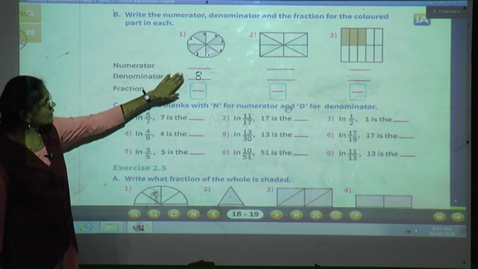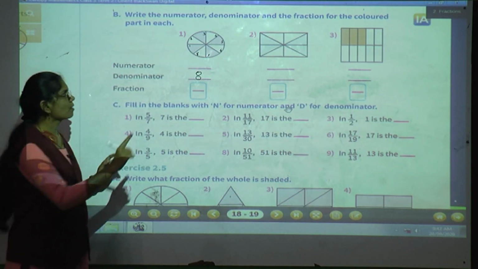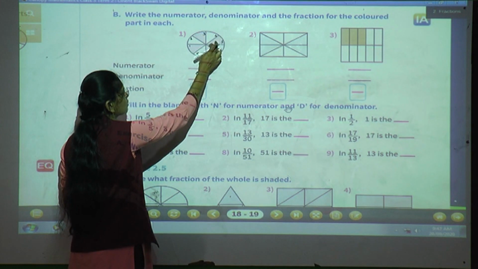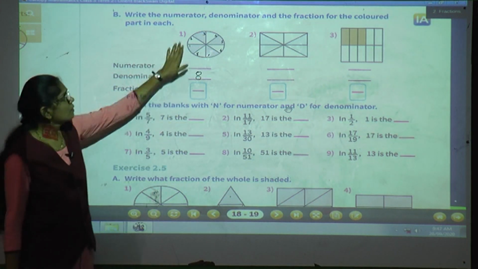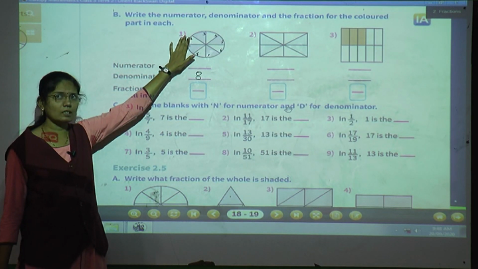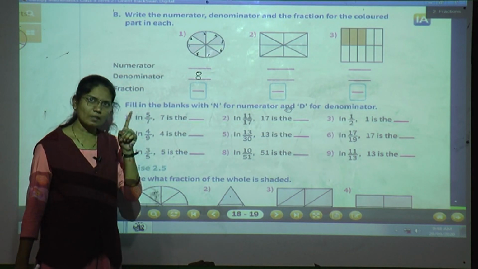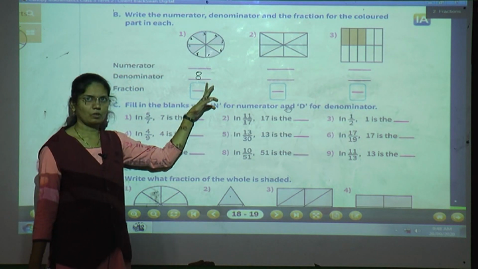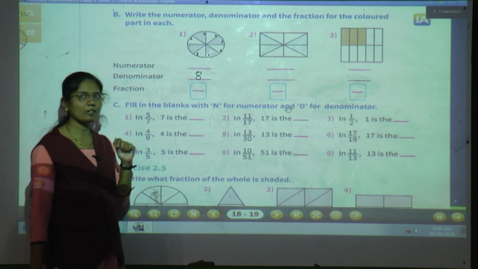Now out of that 8 parts, how many parts are colored? Now count only the colored part. 1, 2, 3, 4. Yes, so students, total parts 8. How will you write the numerator?